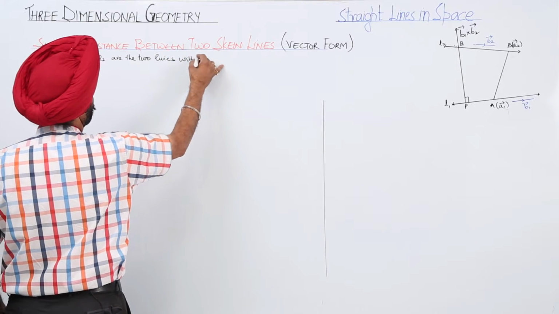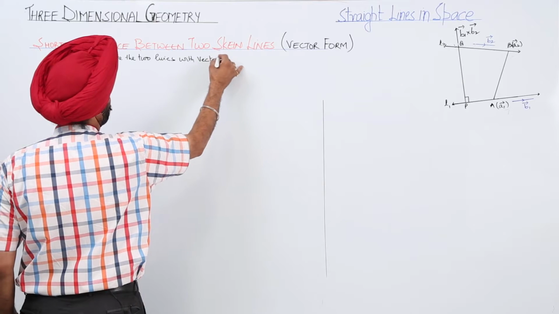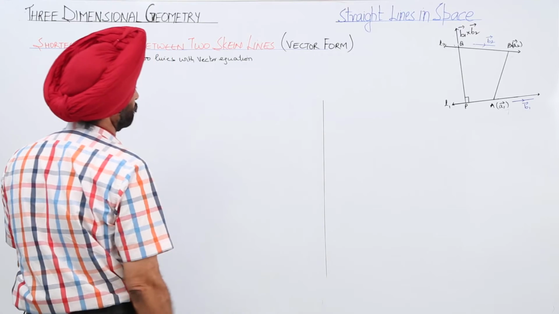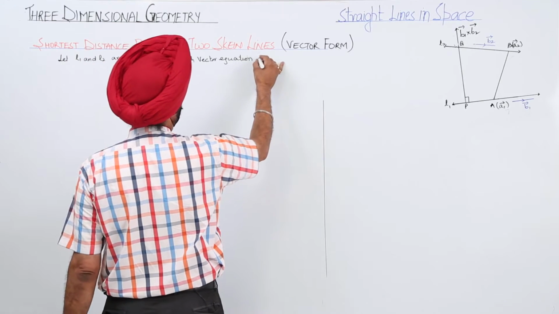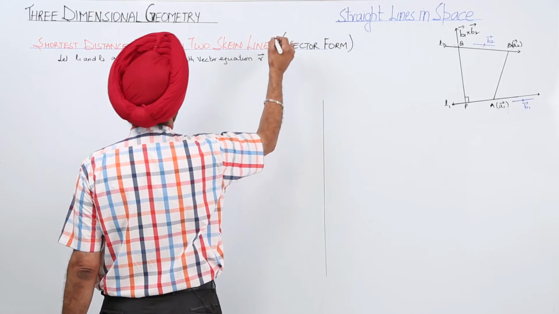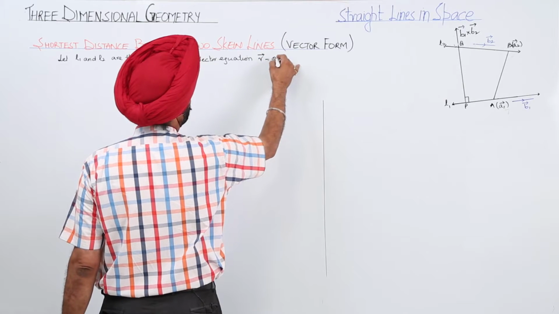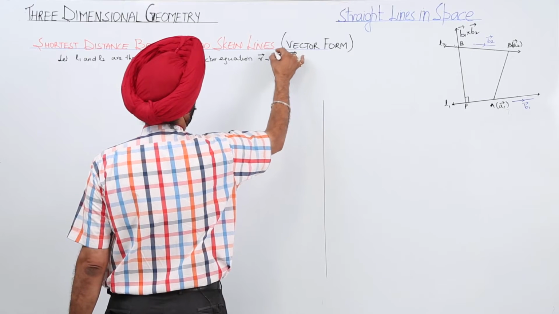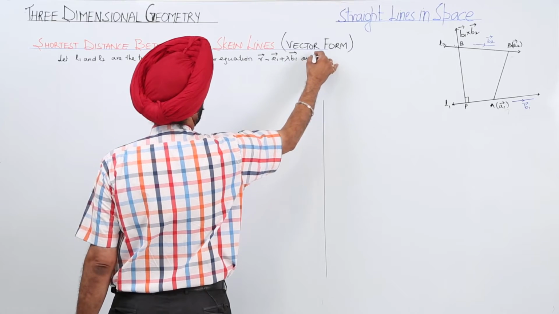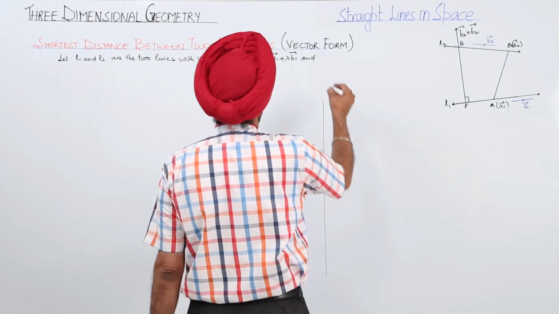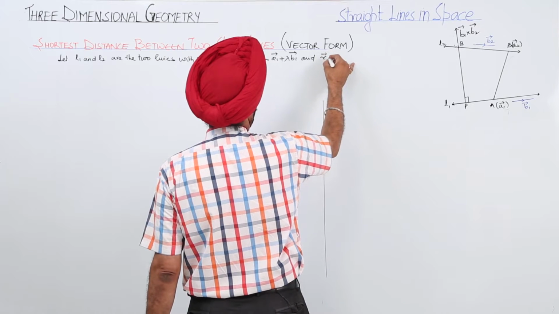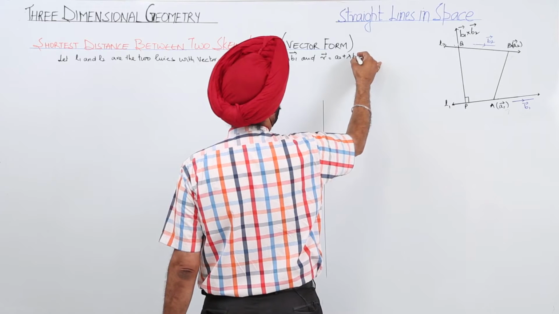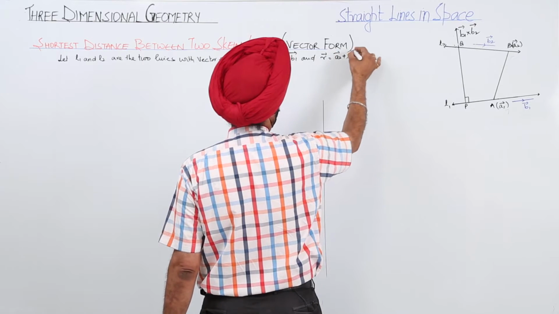The two lines are with vector equations: vector r is equal to a1 plus lambda b1, and vector r is equal to a2 plus lambda b2, respectively.